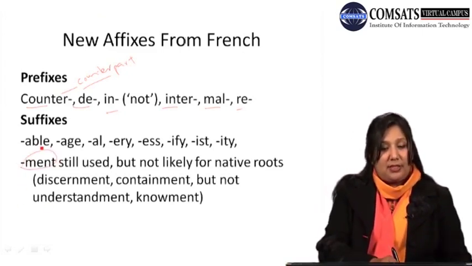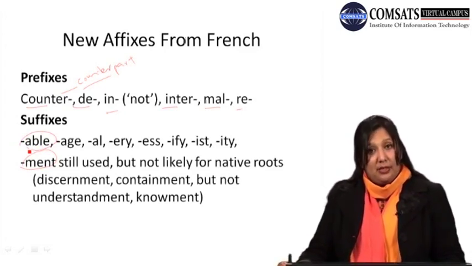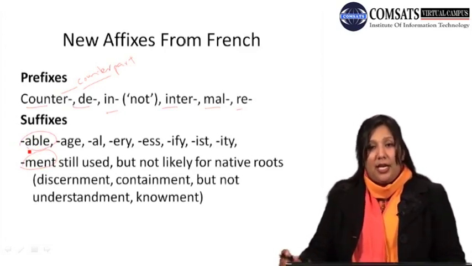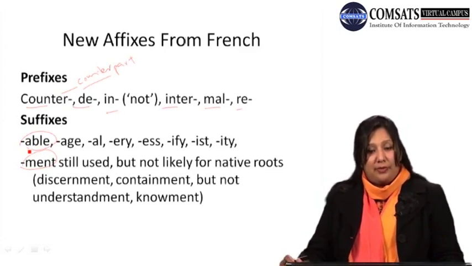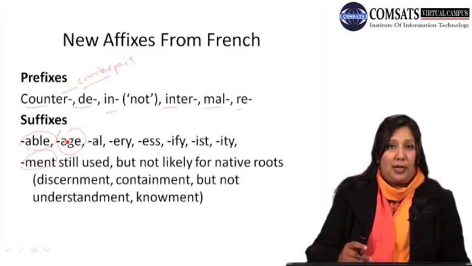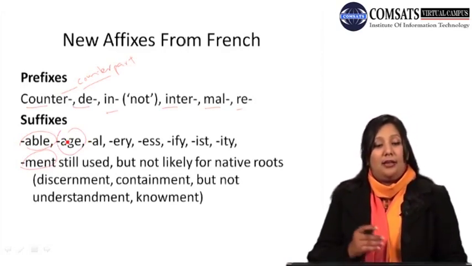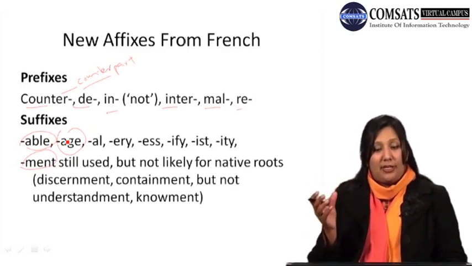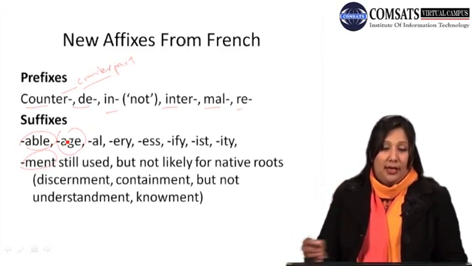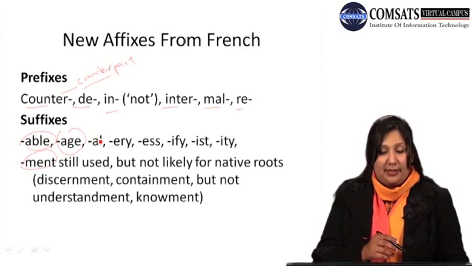With this suffix, for example, there are some words like preferable. In preferable, able is a suffix to prefer, and then in the word age, for example, the word percentage, age is a suffix to percent. Okay, then the word personal, al is a suffix to the word person.